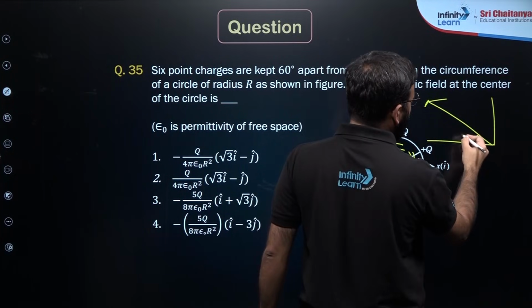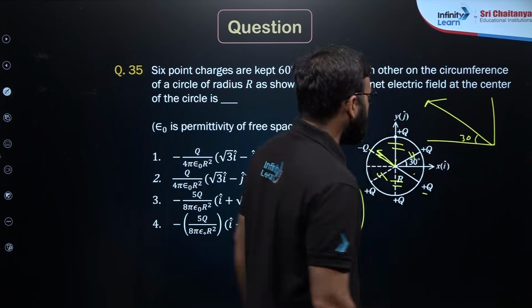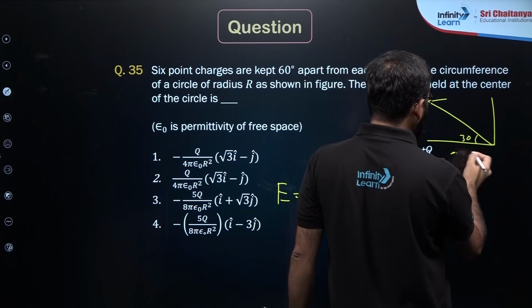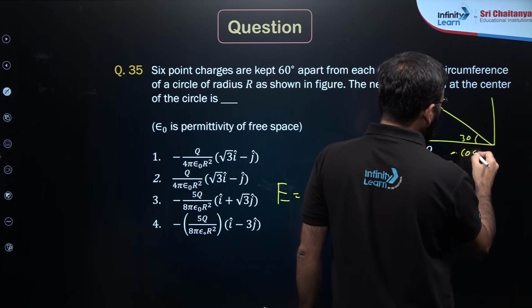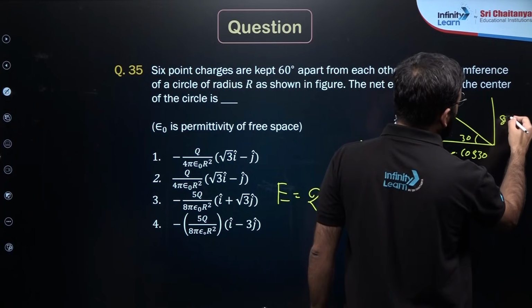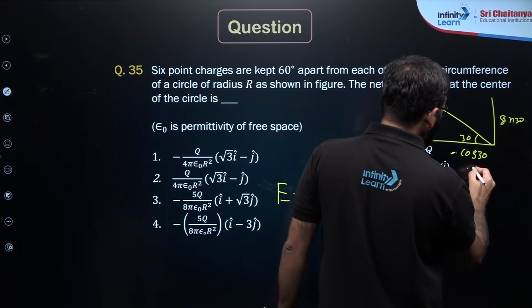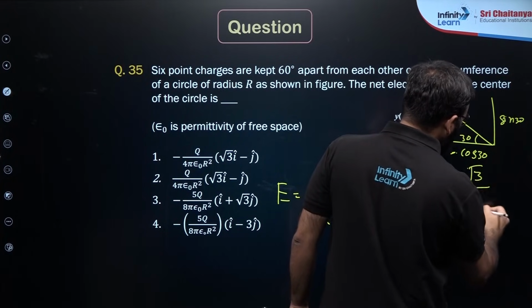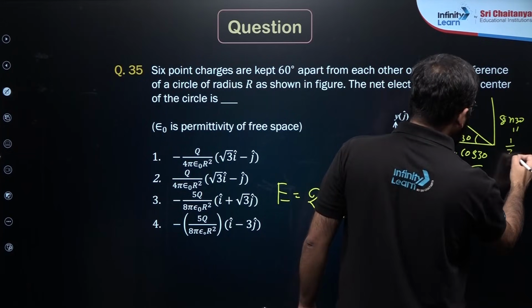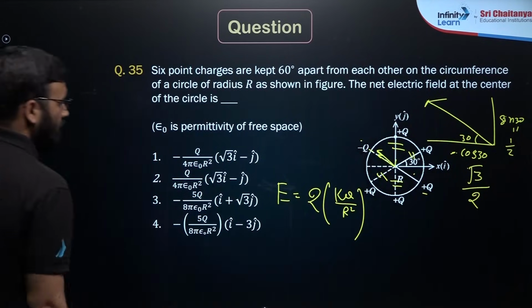This is the resultant, at 30 degree, so I will take the components. This is the cos 30 and this is the sin 30. Cos 30 value is root 3 by 2, and this is 1 by 2.